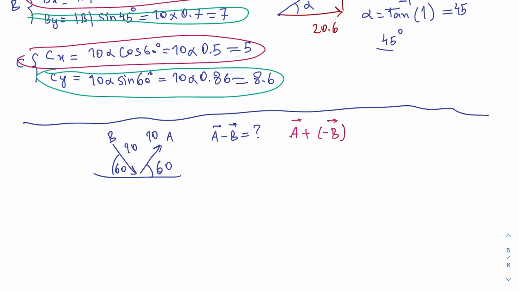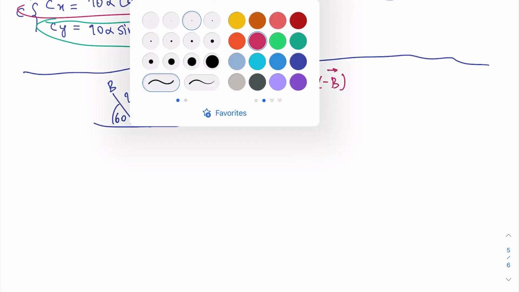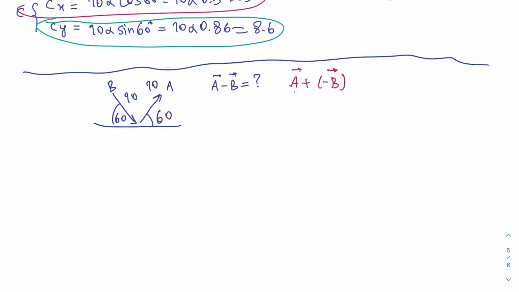Then I can draw the vectors. So let's say vector A is the same, I don't change vector A because vector A must be in the same direction, but vector B, I need to multiply it by negative, and this will give me like that.